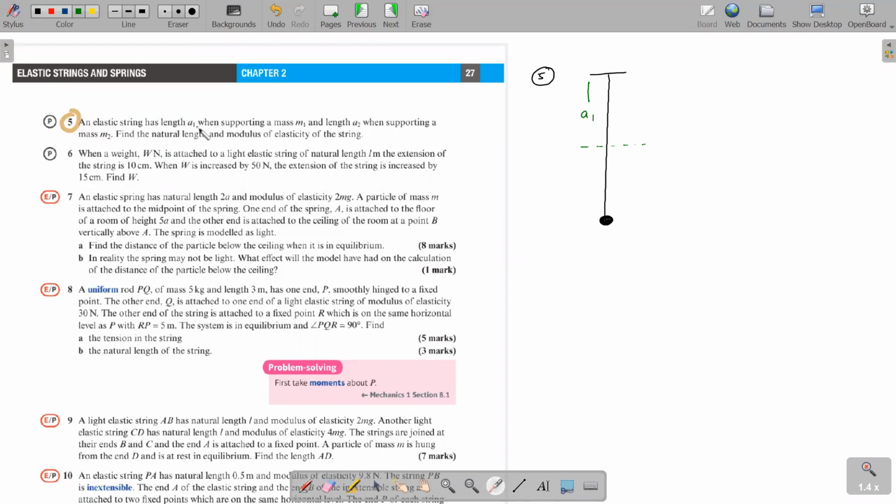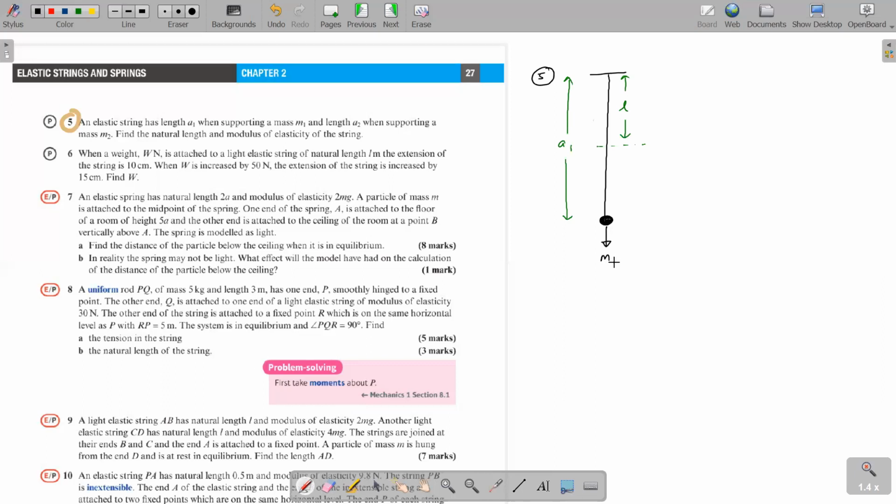An elastic string has length A1, which means the full length of the string is A1. So this full length is A1. Let's say the natural length is L. So I will say the mass of the first one is M1.